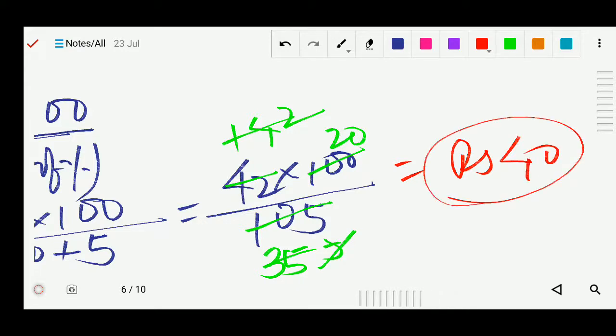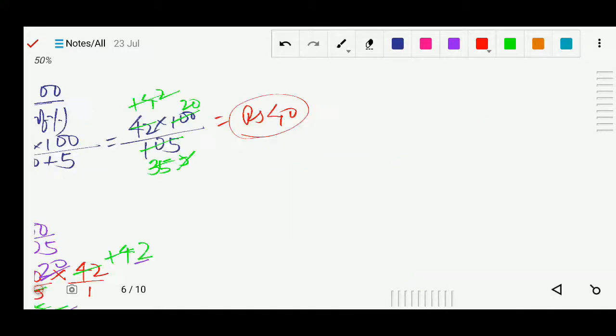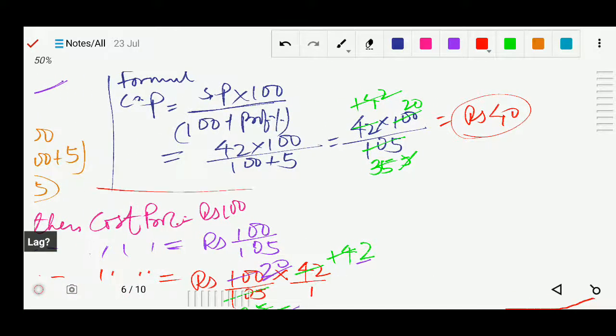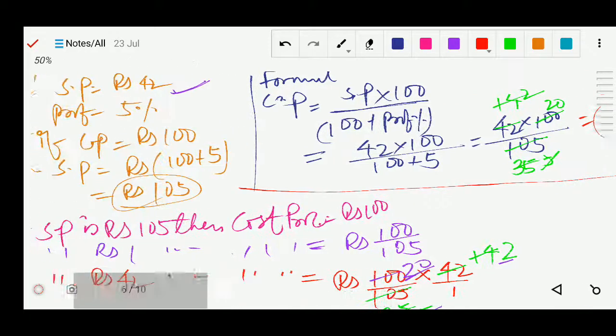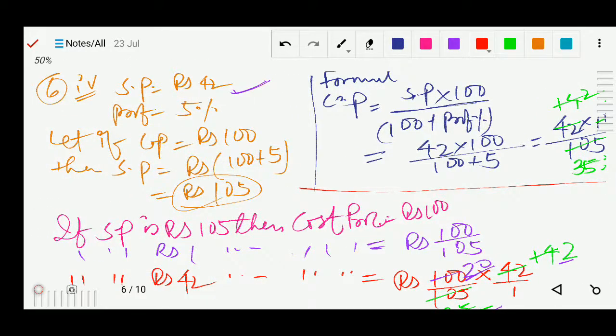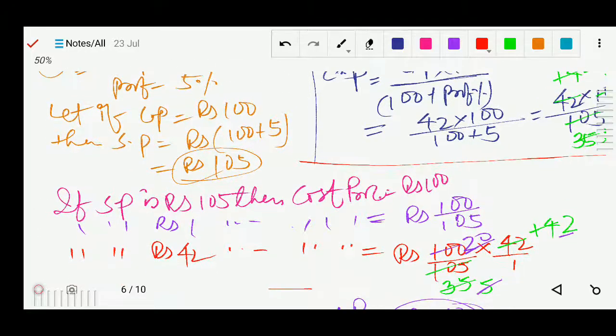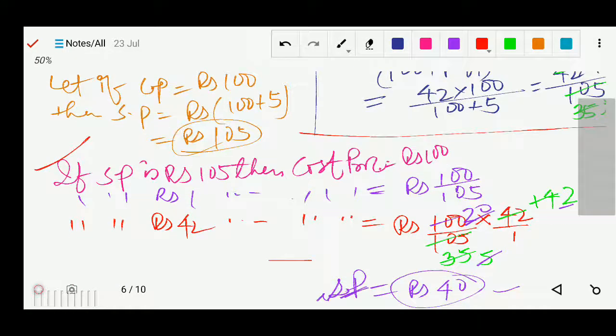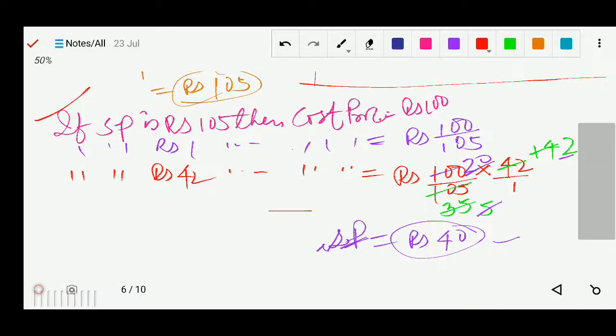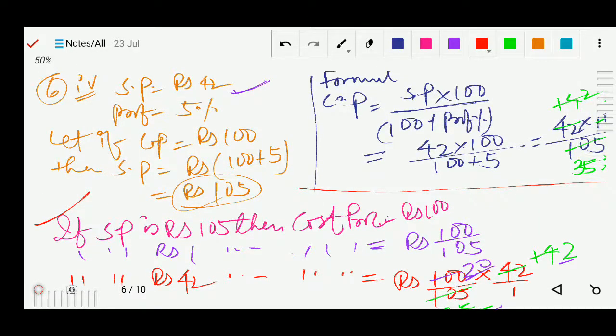Here also you can see we are getting the same answer. By the formula method and by the unitary method we get the same answer. Only when we have to find the SP do we change the statement. Okay, I hope you understand and you can solve this exercise 10A.